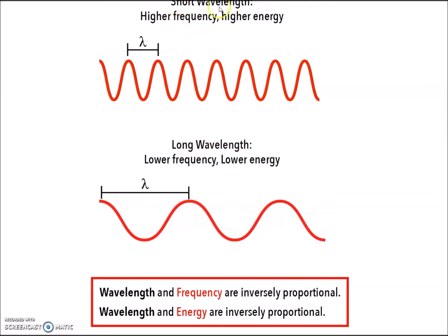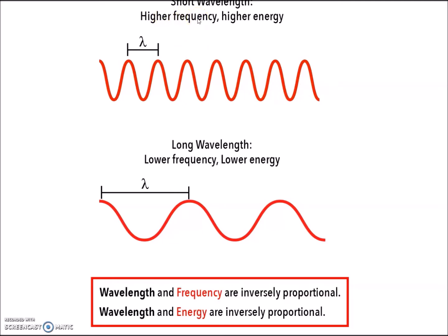At the top, we have a short wavelength wave, which if it's traveling at the same velocity as another type of wave where there's a longer wavelength, that means for the shorter wave, more waves will pass a given point per second. Aha, there's a higher frequency.